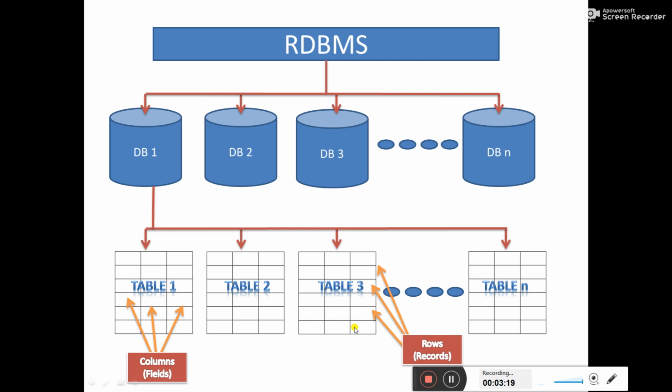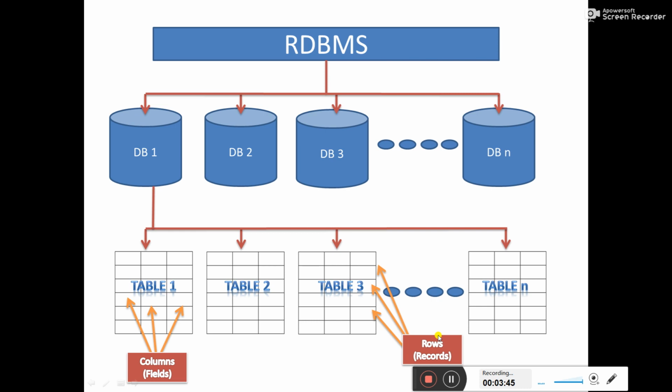In one RDBMS, you can create multiple databases. In one database, you can create multiple tables. And in one table, you can create multiple fields and multiple records. Vertical sections are called columns, and horizontal sections are called records. Okay, so this is the schema of a database management system.